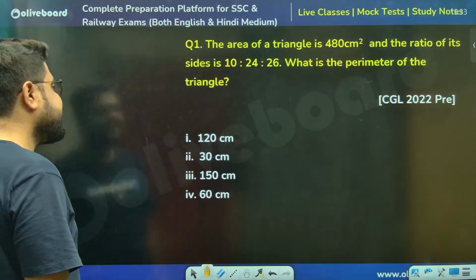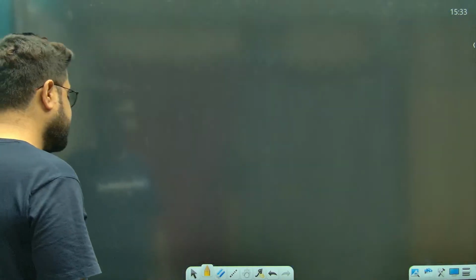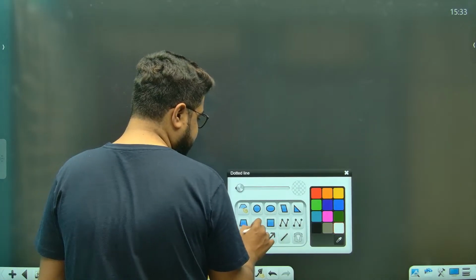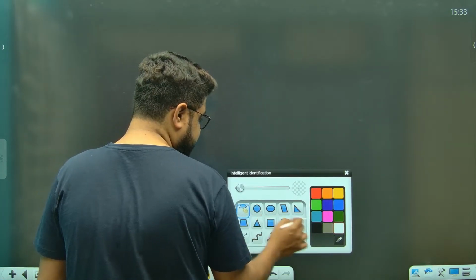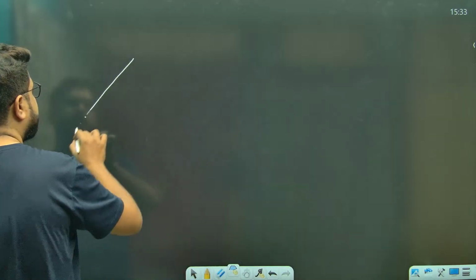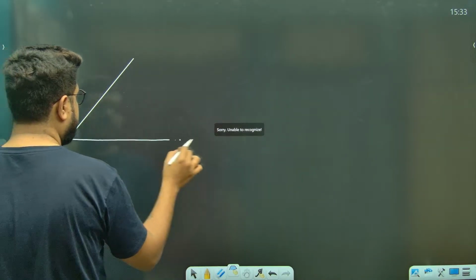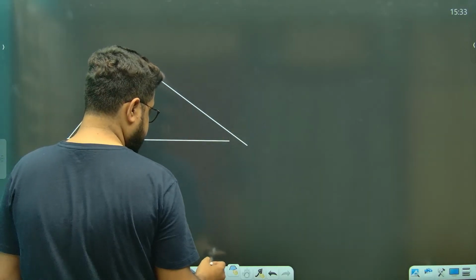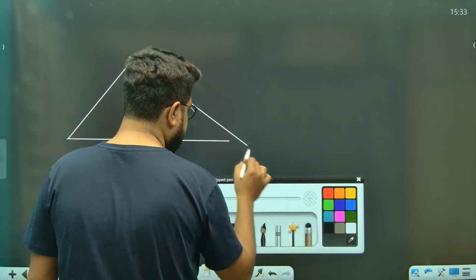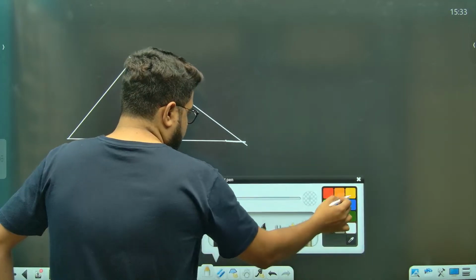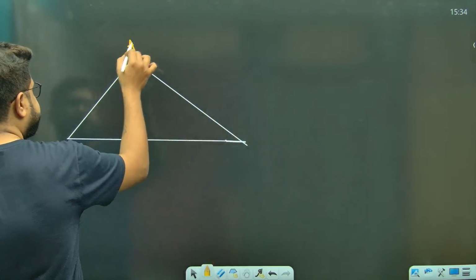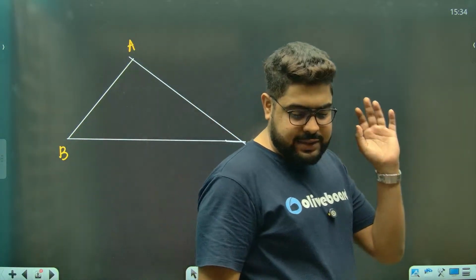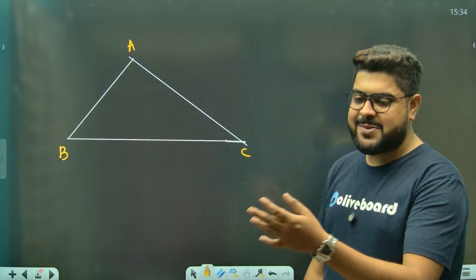Now, Heron. So for a scalene triangle, when the triangle looks something like this, ABC, none of the sides are equal to the other side.